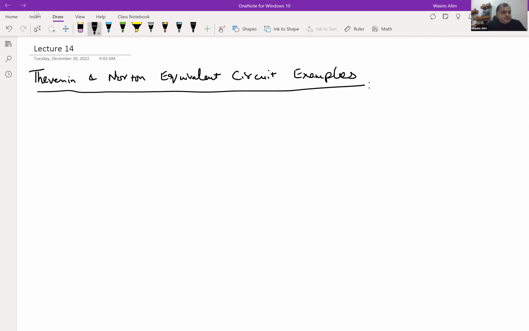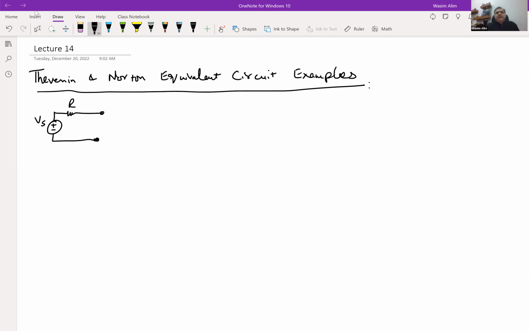Okay, so let's continue with our discussion on these two types of equivalent circuits, the Thevenin and Norton equivalent circuit. As you recall, the Thevenin equivalent circuit is essentially a voltage source in series with a resistor.